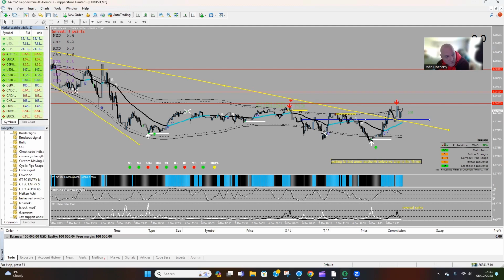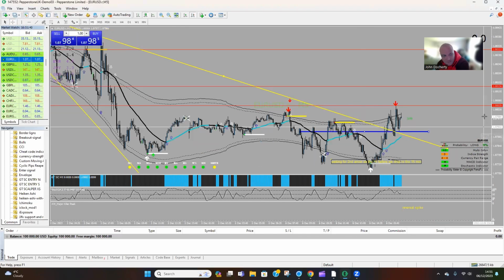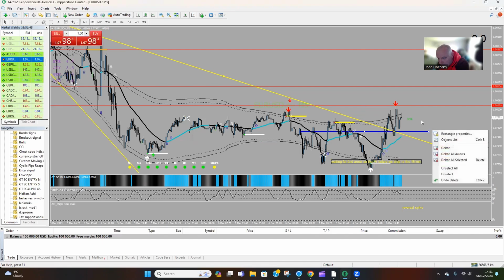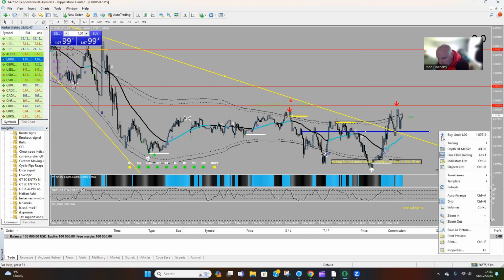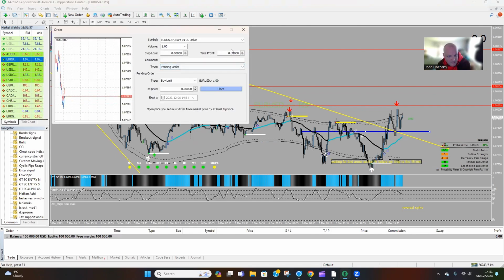So the price level is roughly, because I've got this marked on the wrong asset, that is Euro USD, 107915. So we'll go into Euro USD. Put this in here. We mark this along. Now this should let me do an entry. So we'll go to trading. We'll go to new order. So we're just going to see a pending order.